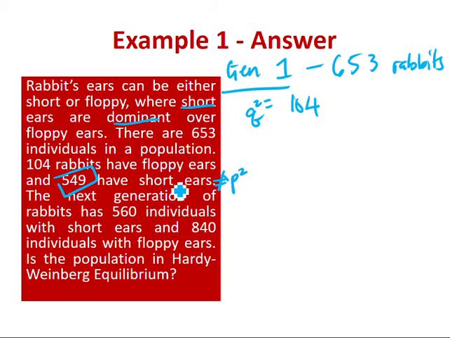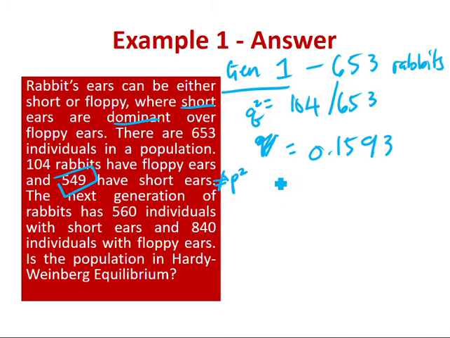So how many floppy rabbits are in this first generation? It's 104. So q squared is 104, the number of homozygous recessive rabbits. Divide by 653. So what do you get? You get 0.1593.